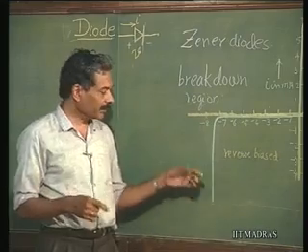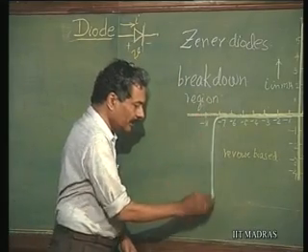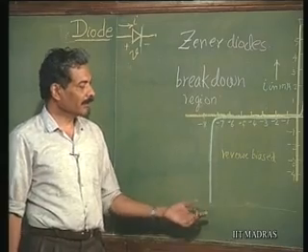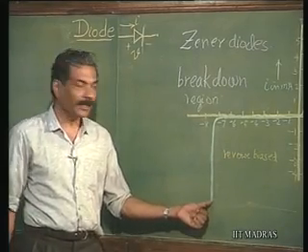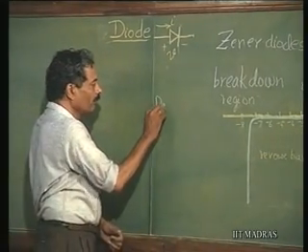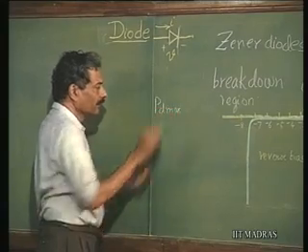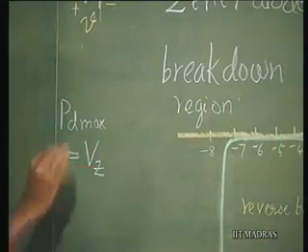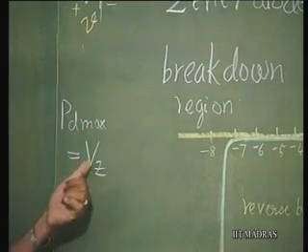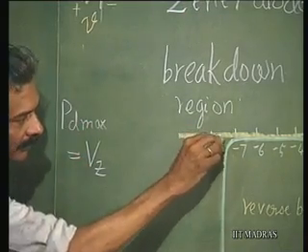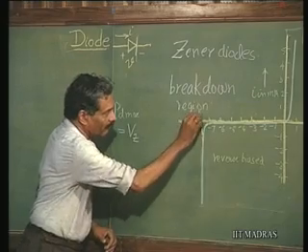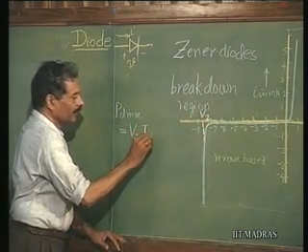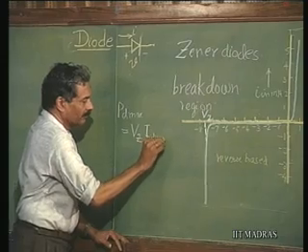So, the power dissipation is nothing but this voltage into the current at which it is operating. This maximum limit of current is specified in terms of what is called PD max, that is, it is nothing but the breakdown voltage, represented as Zener breakdown Vz, into I diode maximum.